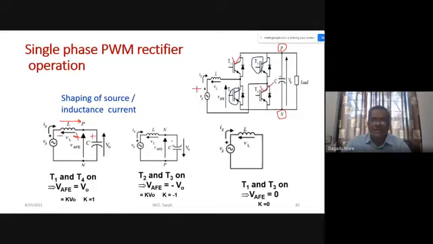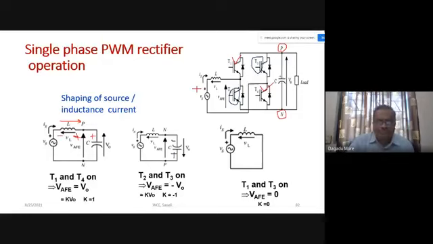So this will be negative and this will be positive. So when you switch on T3 and T2, now you see the supply voltage, Vs, and the capacitor voltage. What are they doing?